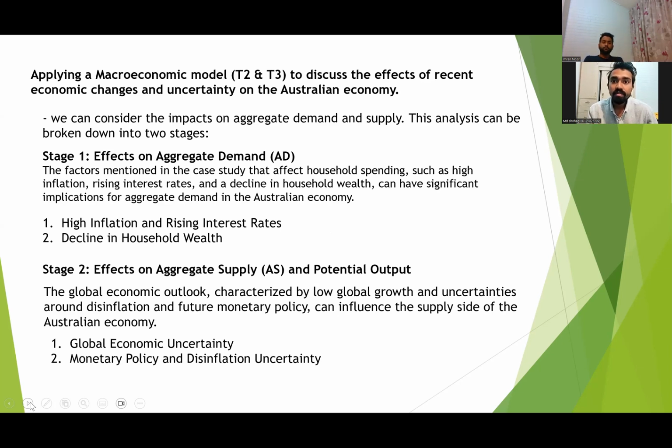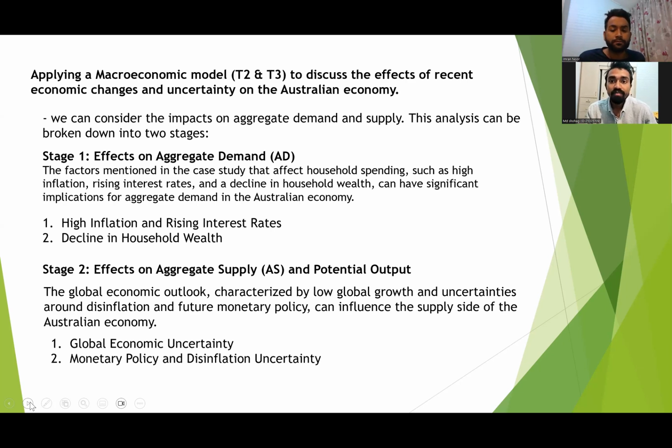This analysis can be broken down into two stages. The first is the effect on aggregate demand. The factors mentioned in the case study that affect household spending, such as high inflation, rising interest rates, and decline in household wealth, have significant implications for aggregate demand in the Australian economy.